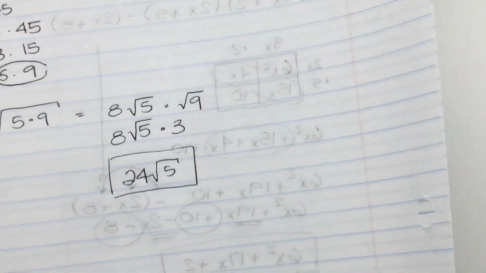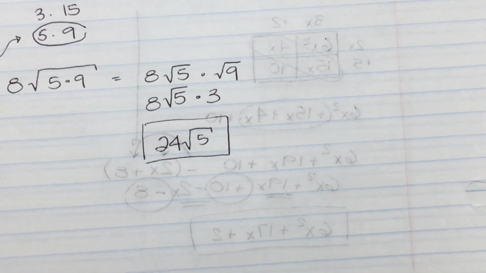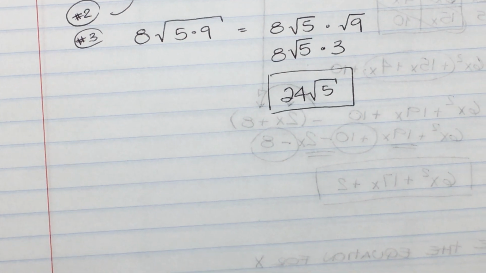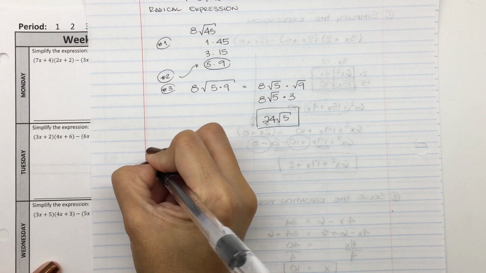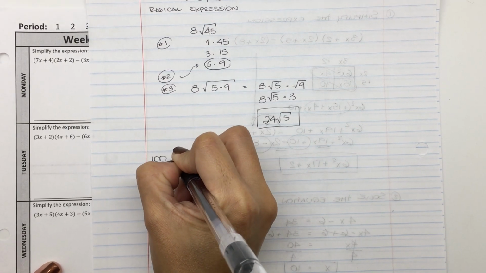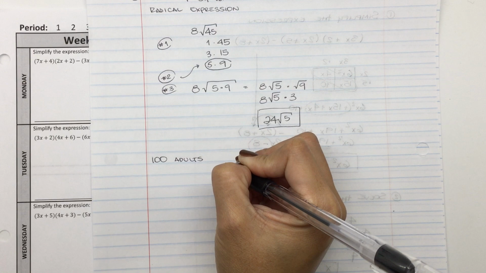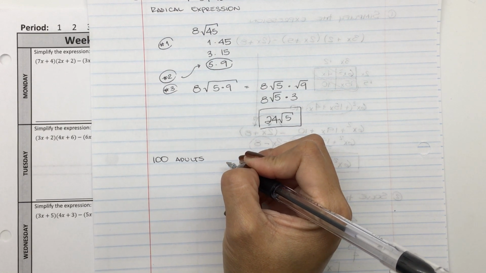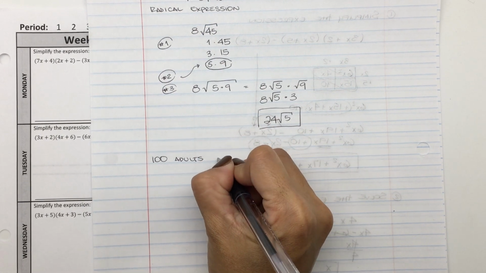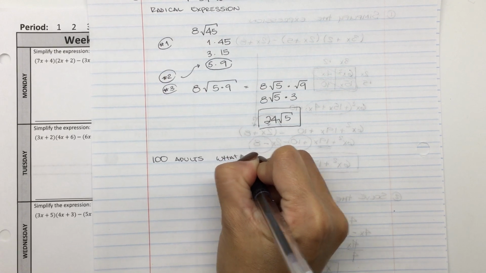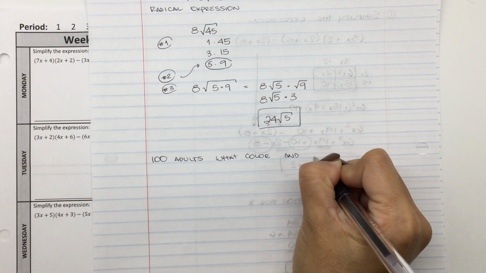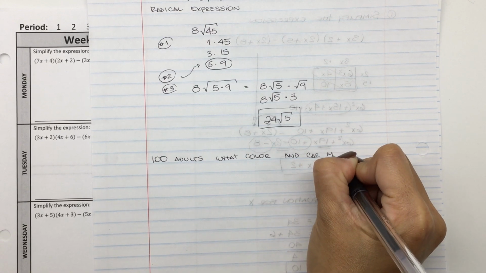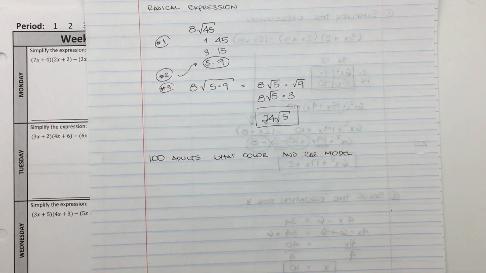Okay, so like I said, I am going to use a different example. So I'm still going to use 100, I want to say adults, were asked what kind of car, what color, and car model they like.